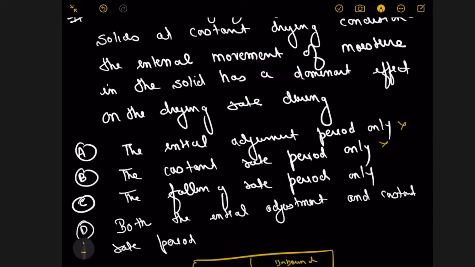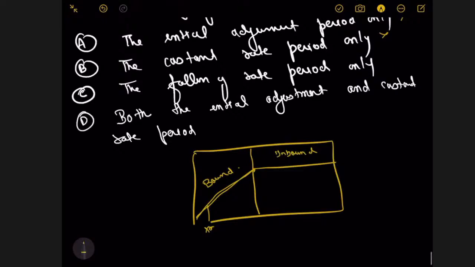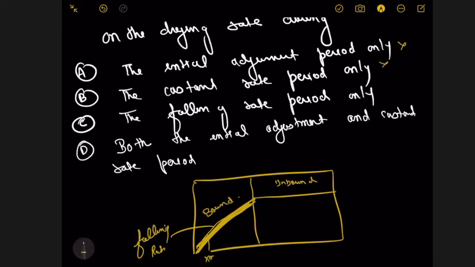In the falling rate period, the internal movement of moisture has a dominant effect. So option C is correct.